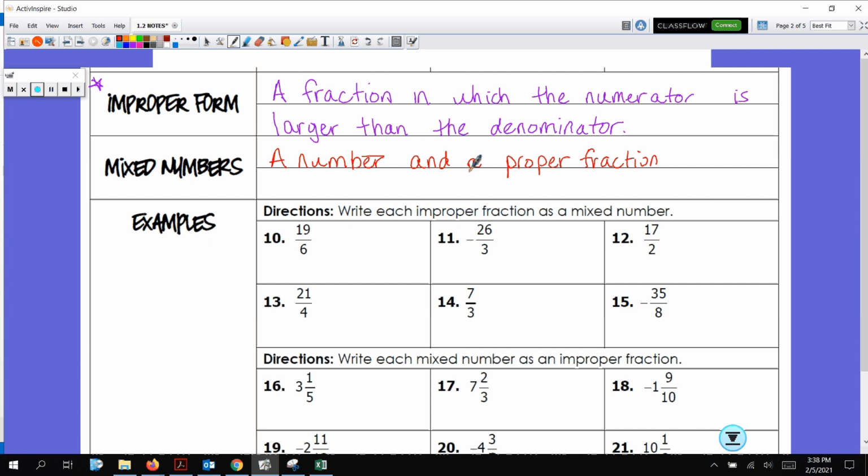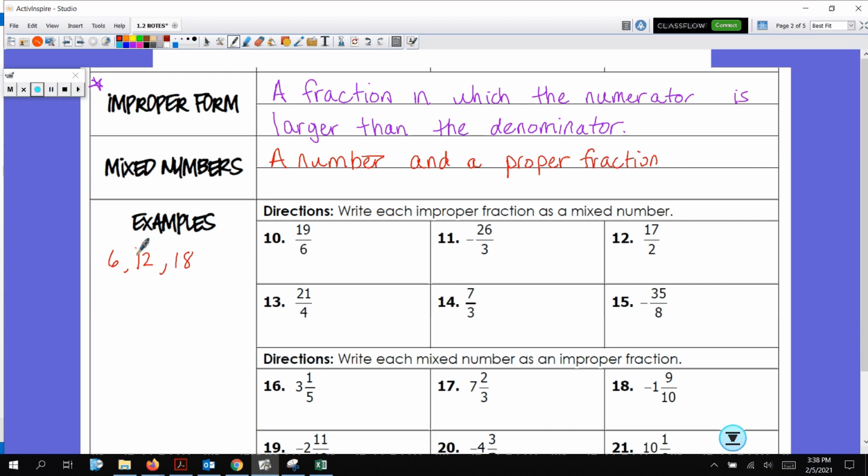I don't know if you guys remember how to do that, but what we basically want to do is see how many times 6 goes into 19 evenly. If we think about the multiples of 6, they are 6, 12, 18. Well, 18 is less than 19, so I know if I went bigger, that wouldn't be it.